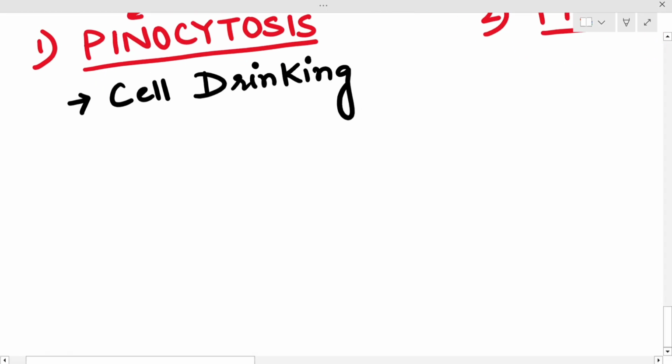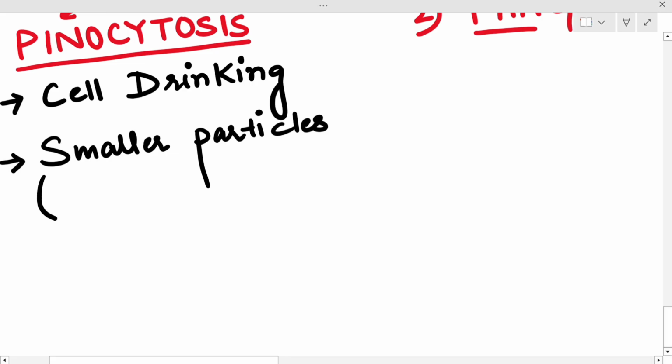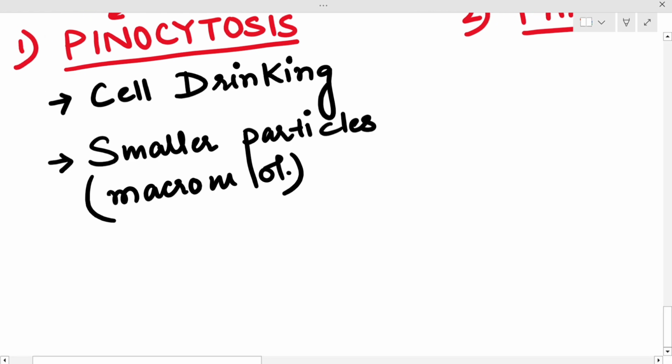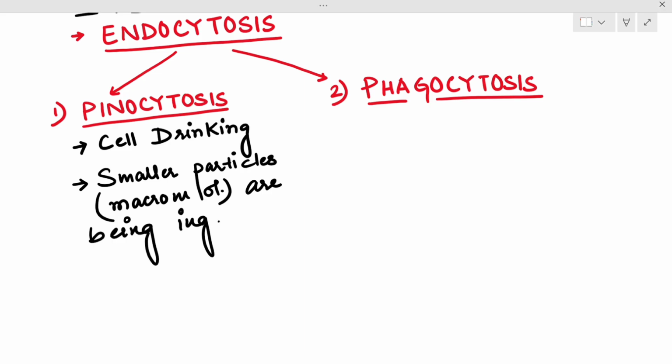That means smaller particles, the macromolecules, are being ingested. Okay. So what are macromolecules? Like proteins, some nutrients. Okay. So those small particles are being ingested by the cell via pinocytosis.